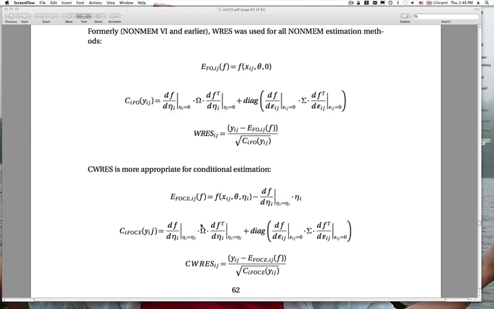It is evaluated at the individual specific value of eta for both the model prediction and the individual covariance matrix. So the conditional weighted residual is the observed value minus the expected prediction at the individual random effects, divided by the square root of the overall variance evaluated at the individual random effects. This is exactly consistent with the FOCE method and is a much more appropriate diagnostic than the standard weighted residual.